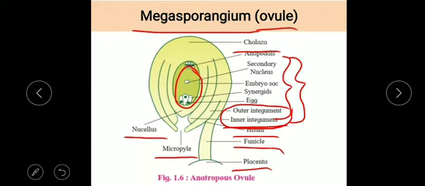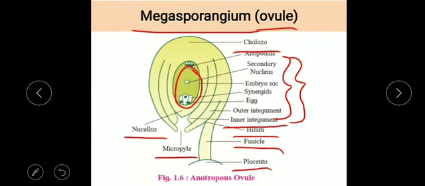In most angiospermic ovules, the condition is bitegmic. As it is covering, it protects the entire part. That's the function of the integument. But you can see it is not continuous, because the micropyle is present; the small opening is there for the pollen tube to come in.